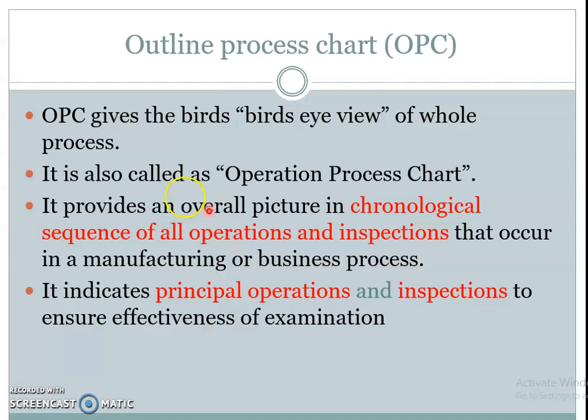These charts are very useful to visualize the complete sequence of operations and inspections only. It also gives us the knowledge of the operations selected for the detailed study, and it fits into the record of the entire process.